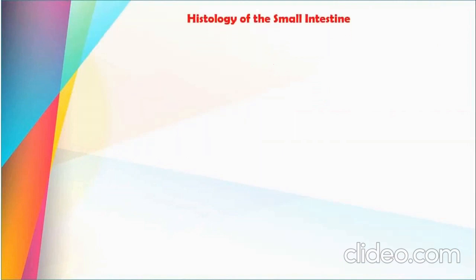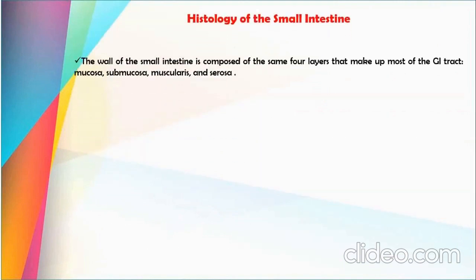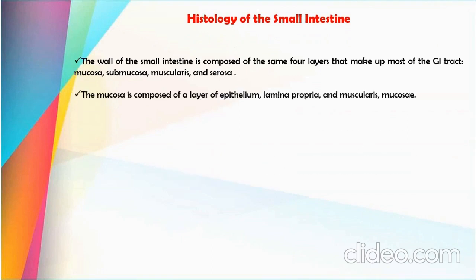Next is the histology of the small intestine. The wall of the small intestine is composed of the same four layers that make up most of the gastrointestinal tract, which are the mucosa, submucosa, muscularis and the serosa. The mucosa is composed of a layer of epithelium, lamina propria, and muscularis mucosae.